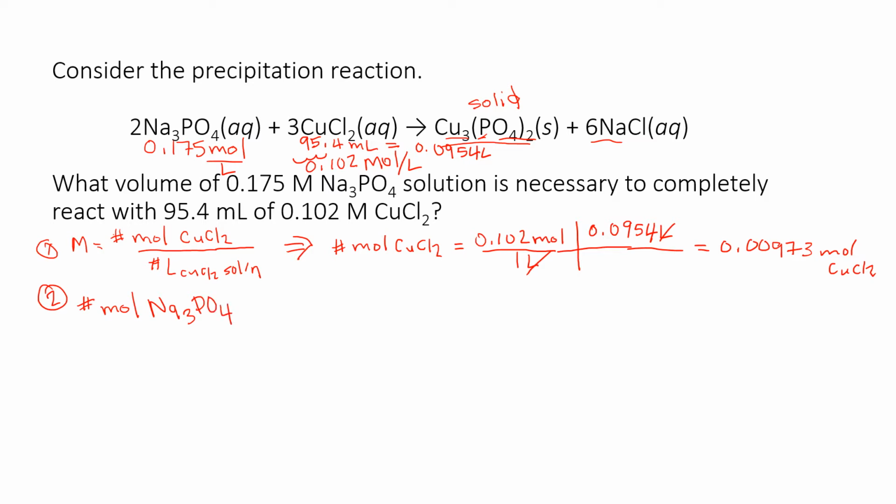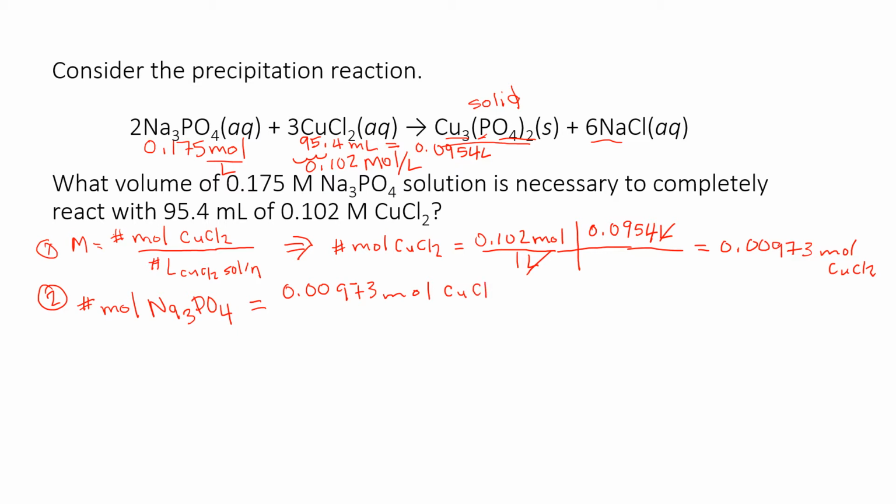So that is simply going to equal, well, we start with the number of moles of copper 2 chloride, which is 0.00973 moles of copper 2 chloride.